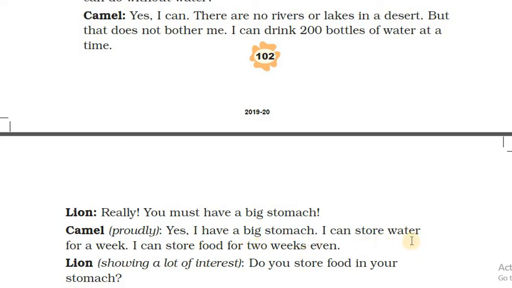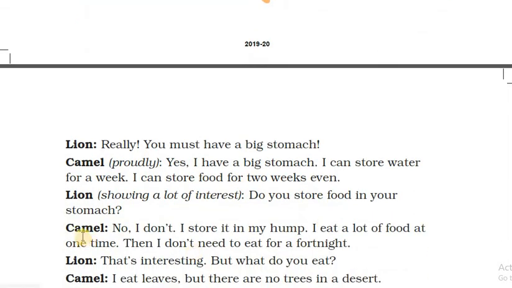I can store water for a week. I can store food for 2 weeks even. मैं वाटर एक वीक के लिए स्टोर कर सकता हूँ और फूड 2 वीक के लिए स्टोर कर सकता हूँ.